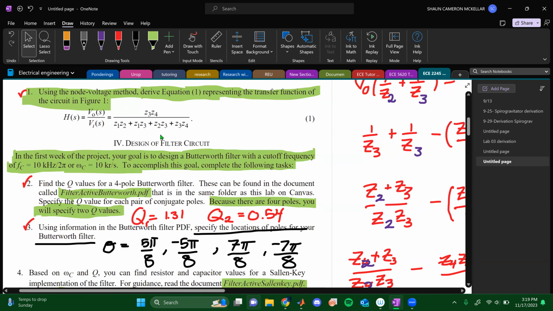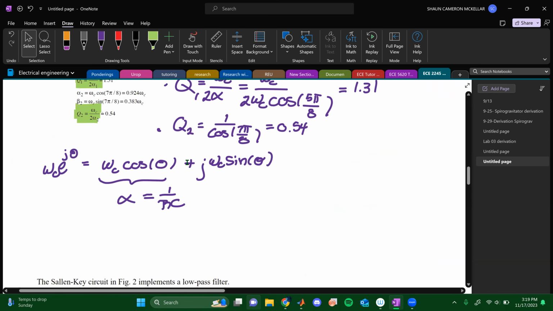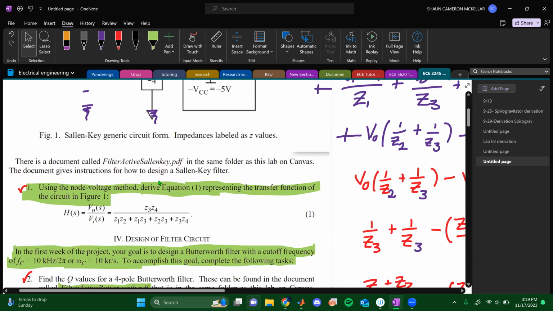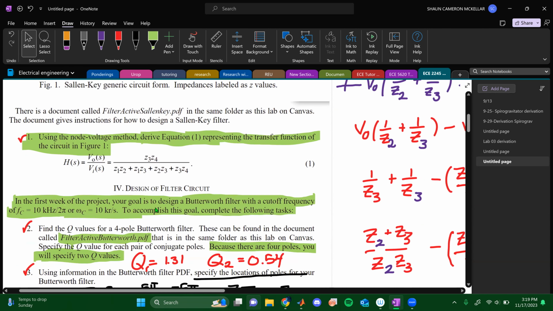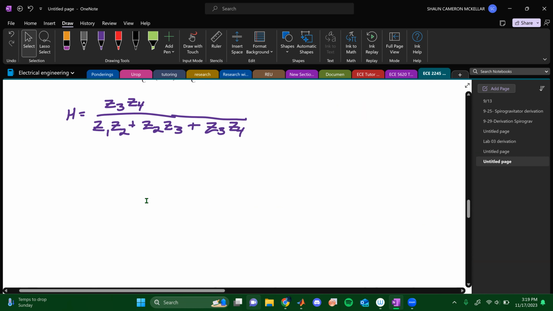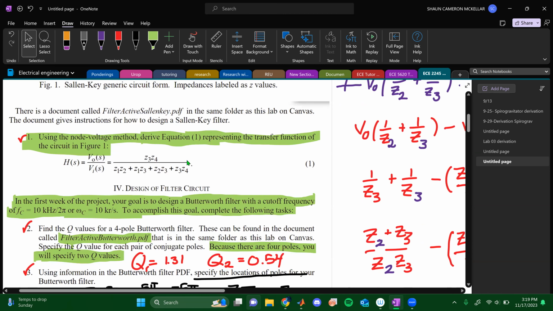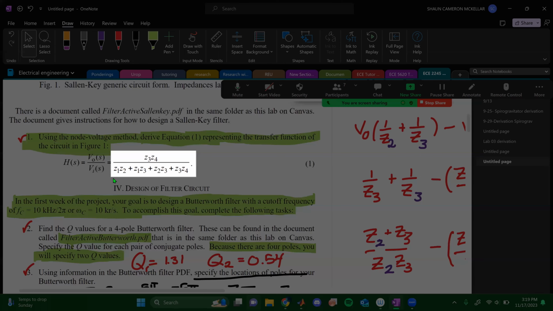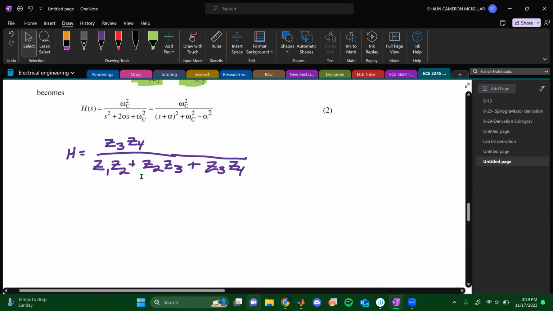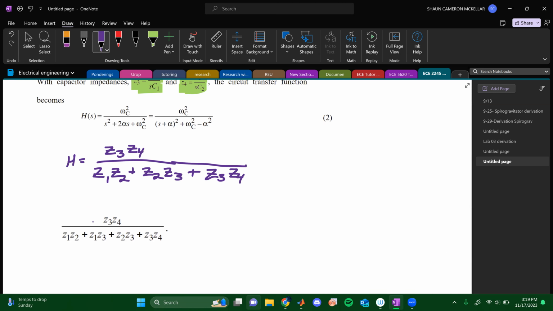And Z2 Z3. Okay. Oh, wait, I'm missing Z1 Z2. I'm just going to screenshot it. Anyway, so we'll take H and plug in these Z values. That's kind of where I'm going with this. So Z1 Z3. That's what I was missing.